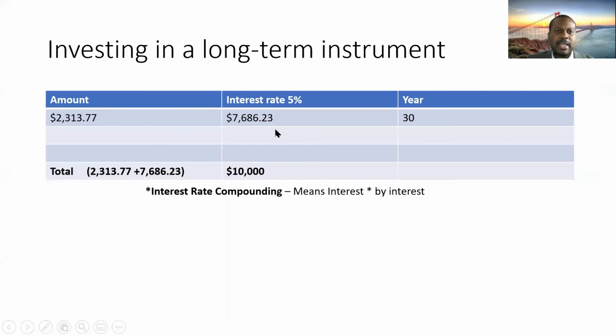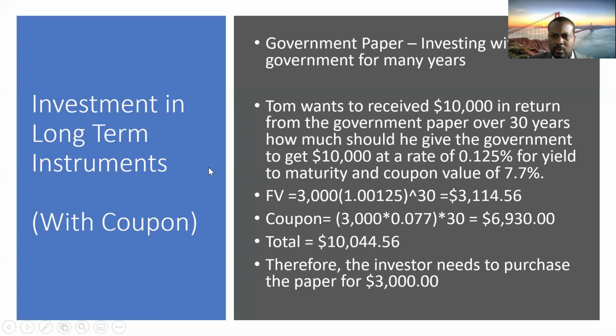So here we realize it's 2,313, and then we have 7,000, and that basically gives us the same. So the figure is 3,000, 3,011, 3,114.56.